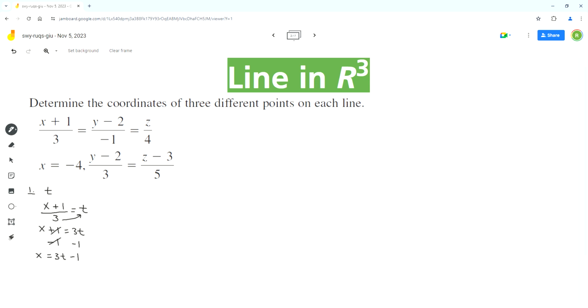Now we can find the y equation, and for that we'll set the y part of the symmetric equation equal to t. We cross multiply the -1. And now we can add 2 to both sides.